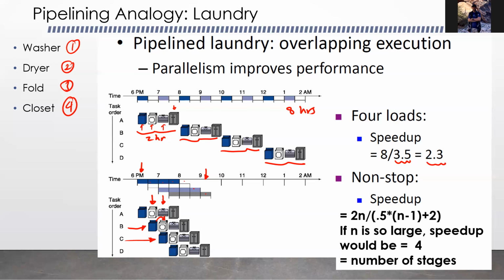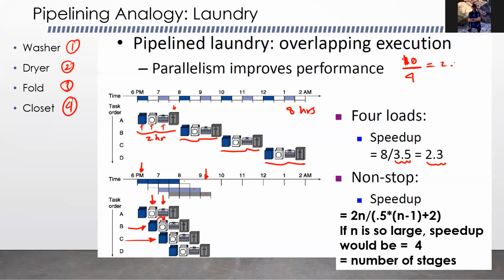Let's assume now that we have 5 users, A, B, C, D, E. With no pipelining, the 5 users will take 10 hours, because each user takes 2 hours. With pipelining, this will be 4 hours.